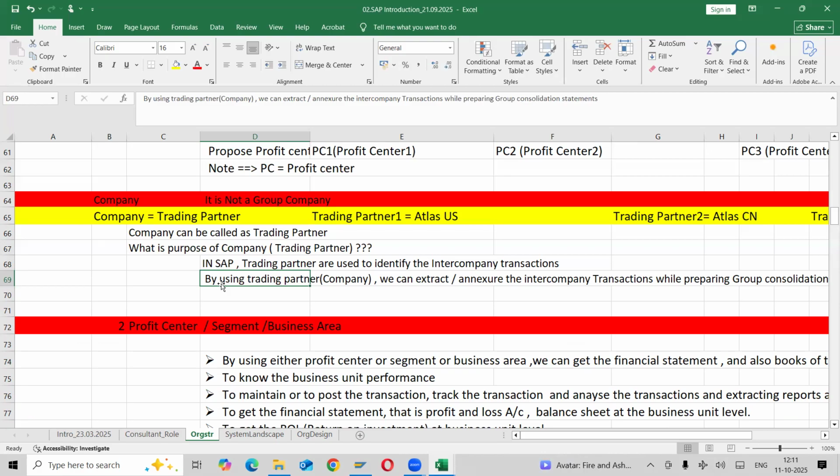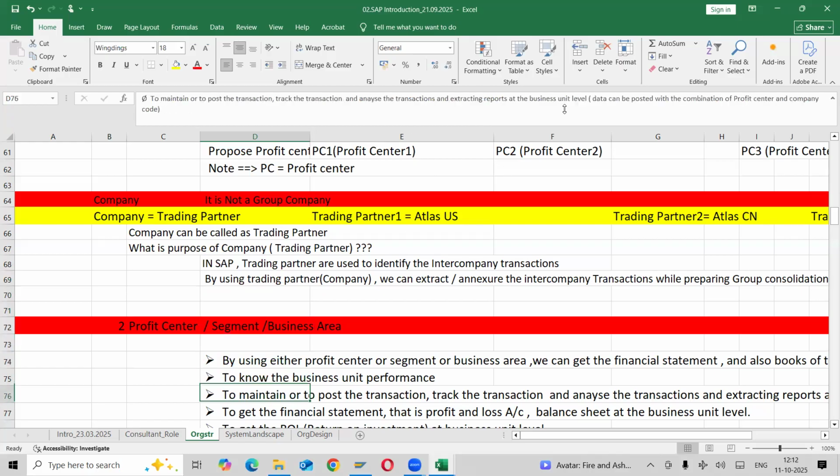If someone is using company, tell them it's not a company, it's a trading partner. We can extract the intercompany transactions while preparing the group consolidation statement. Clear? Definition of a trading partner in SAP is optional. We need to create a company code.